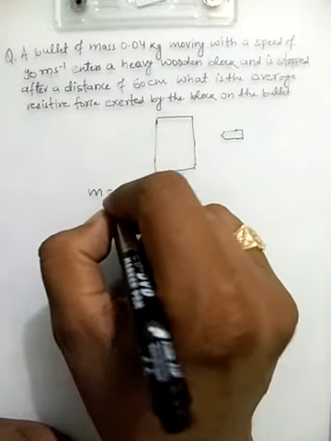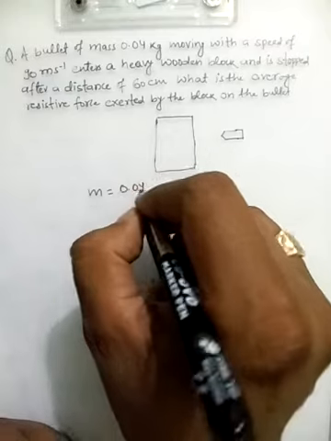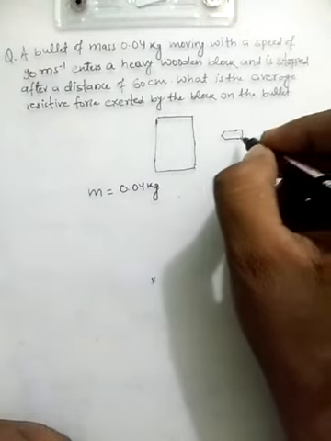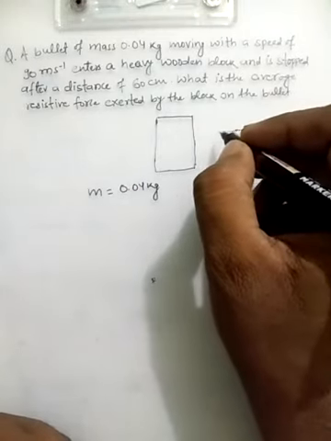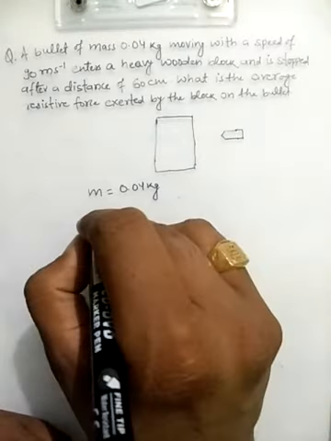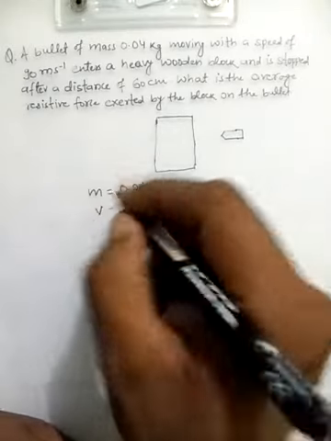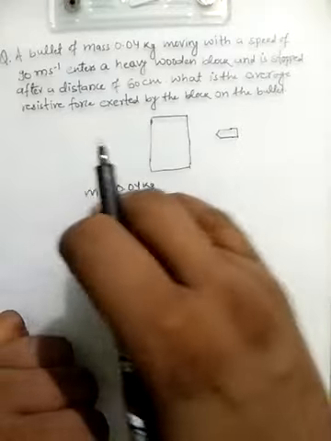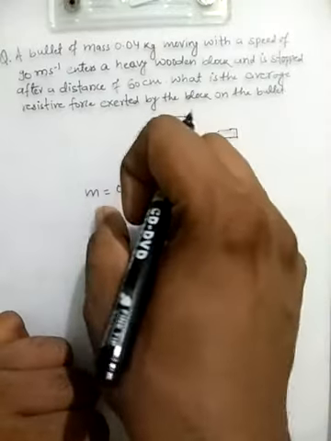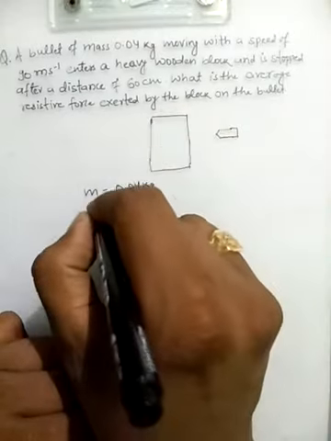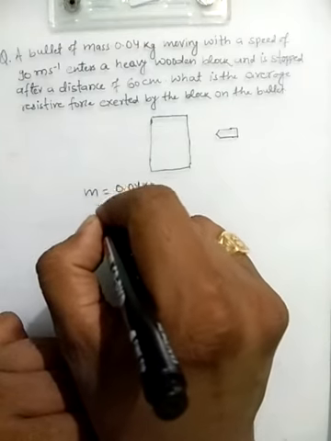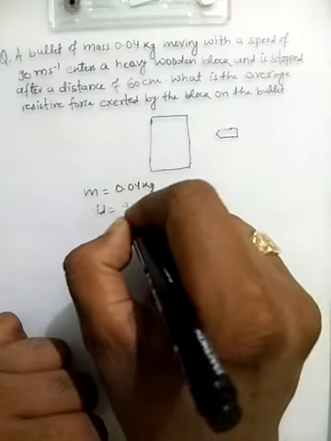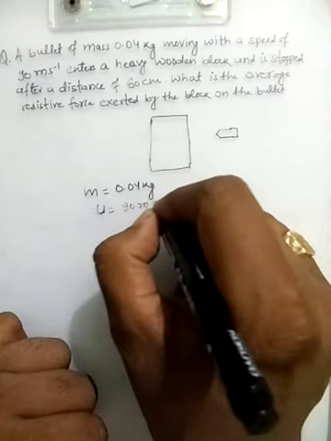That is, m is given as 0.04 kg, the mass of the bullet, and the speed of the bullet is actually the initial velocity of the bullet, that is u, which is 90 meter per second.